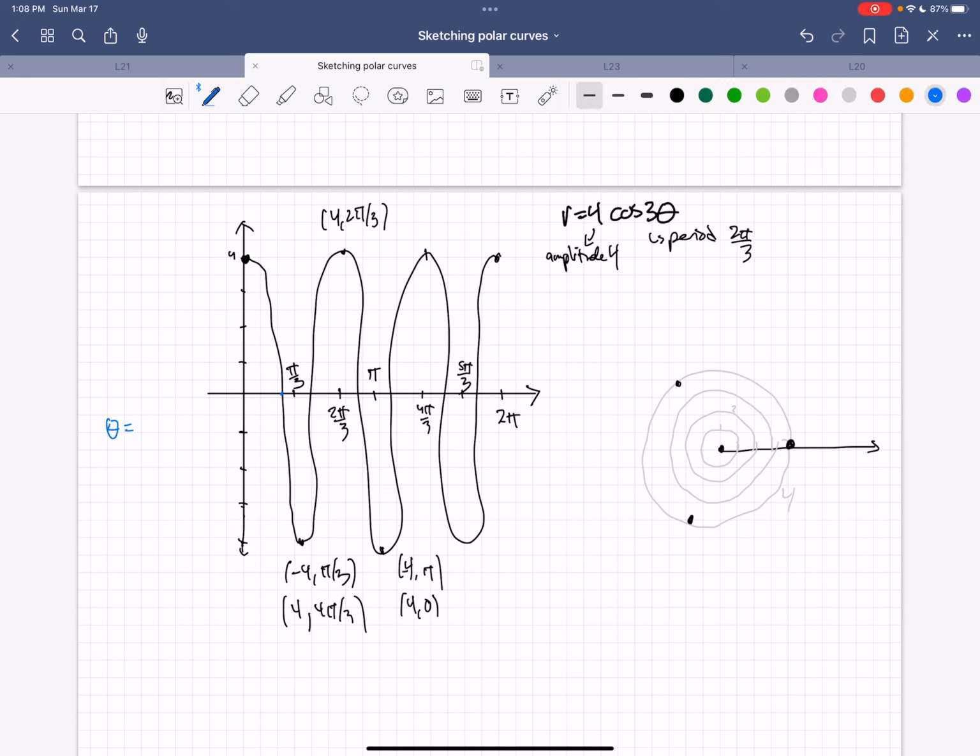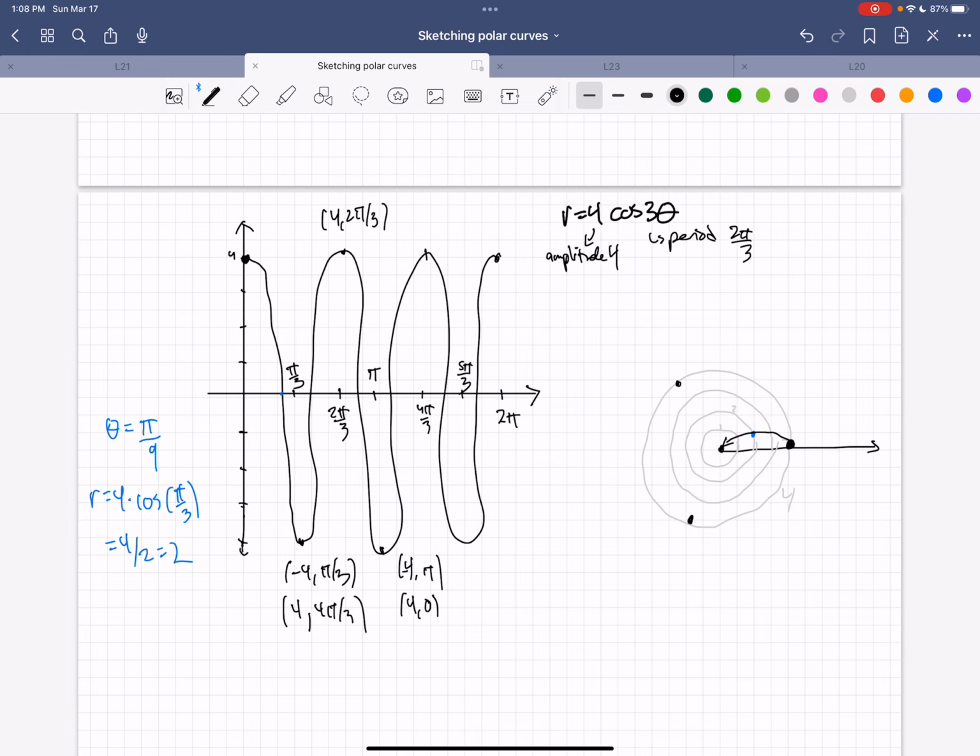So let's say theta is equal to pi over 9. Then r is equal to 4 times cos pi over 3, which is just 1/2. So we get 4 over 2, so we get 2. So at this really small angle, we're going to have this radius of 2. Okay, so you can see that we'll start out there, and then it's going to come back in.